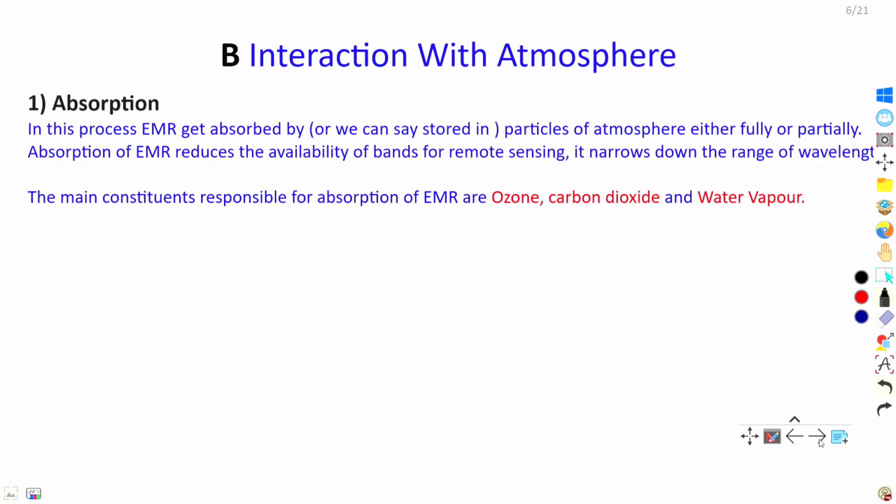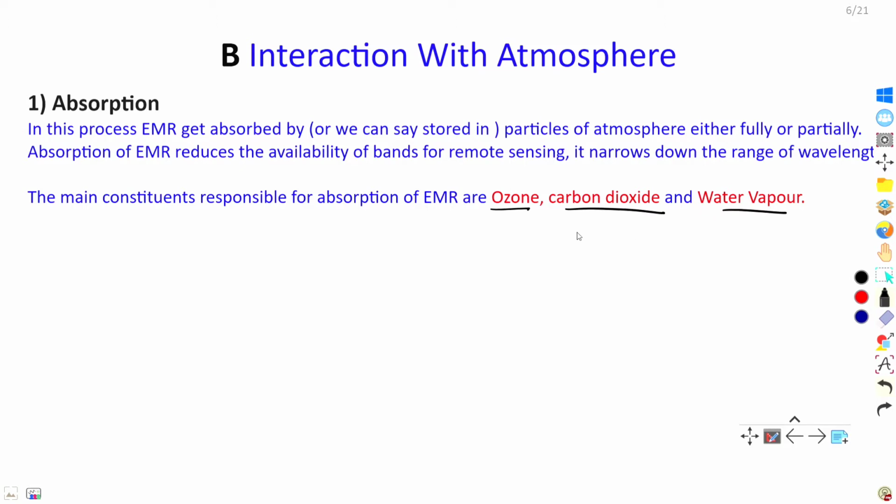So starting with absorption, absorption of electromagnetic radiation happens either partially or fully depending upon the wavelength of radiation. Also depending upon what type of pollutants or particles are available in the atmosphere. The main constituents responsible for absorption of electromagnetic radiation are ozone, carbon dioxide, and water vapor.